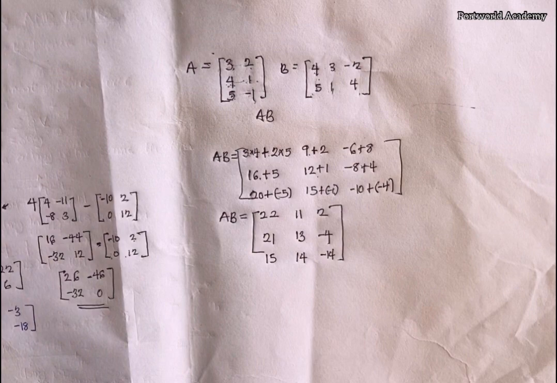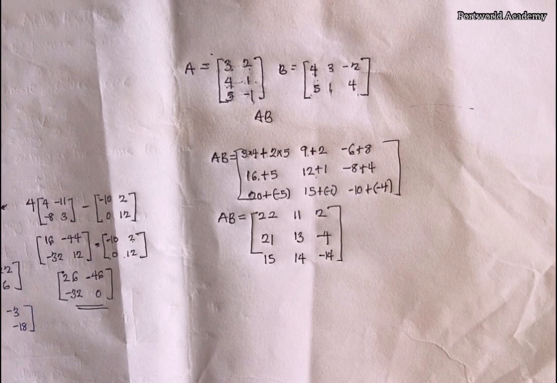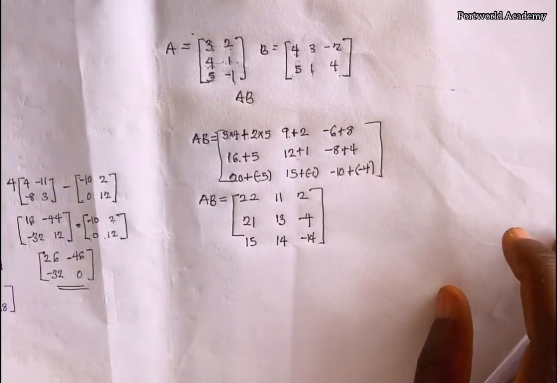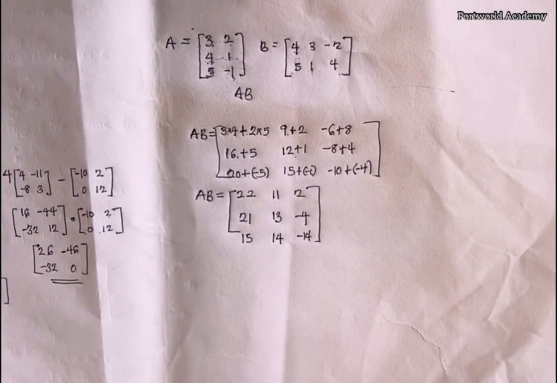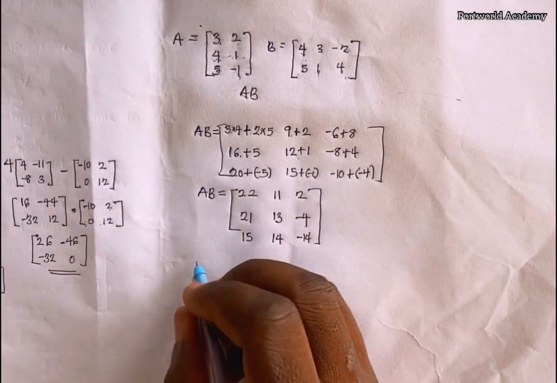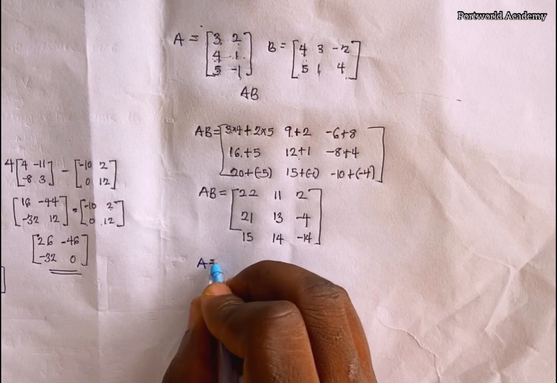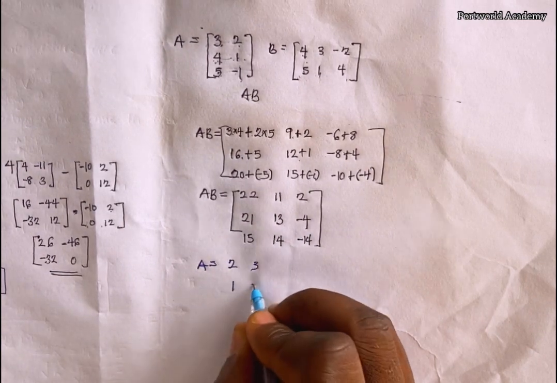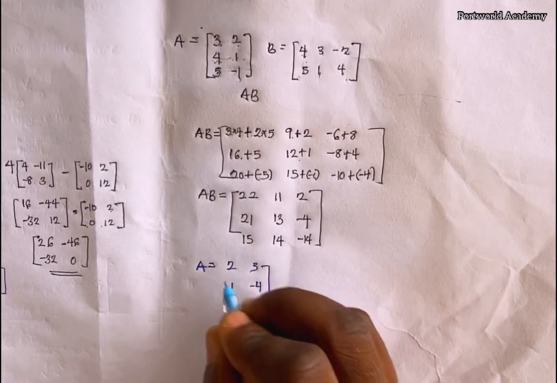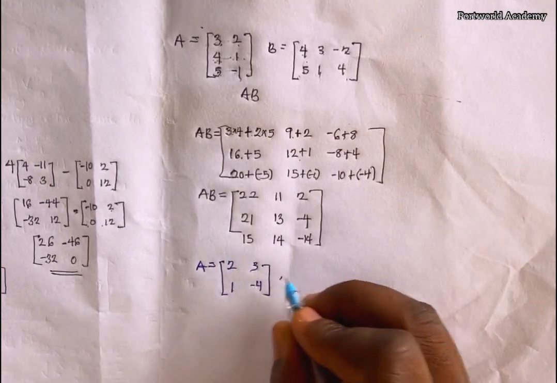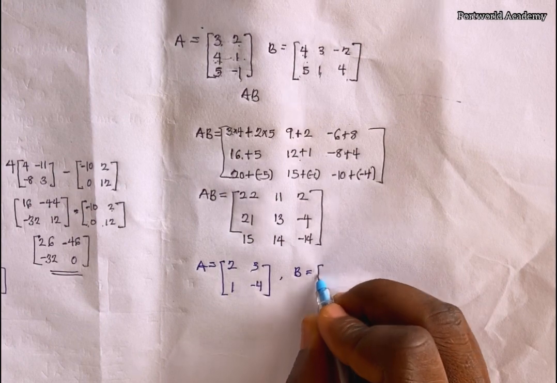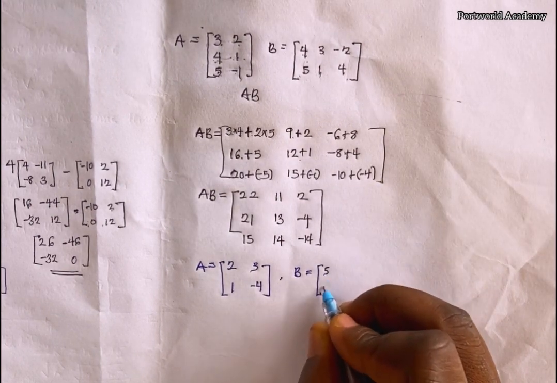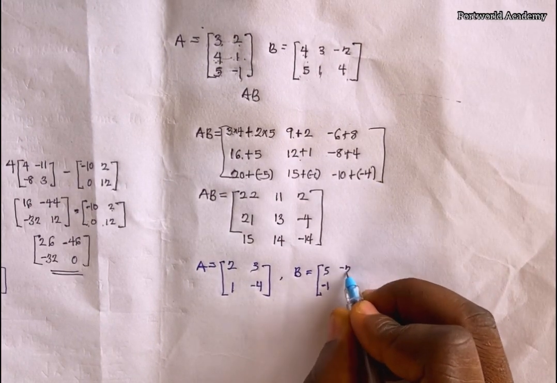Now let's suppose we are given another question. Suppose matrix A is 2, 3, 1, and minus 4. Then matrix B is 5, minus 1, minus 2, and 3.